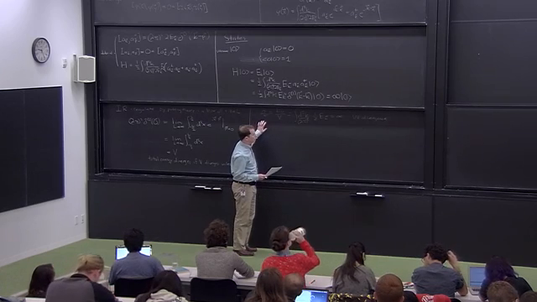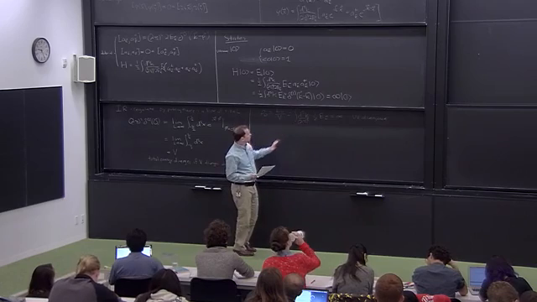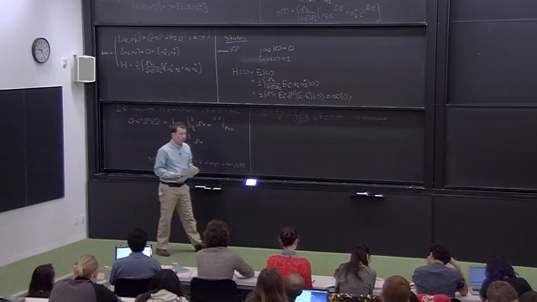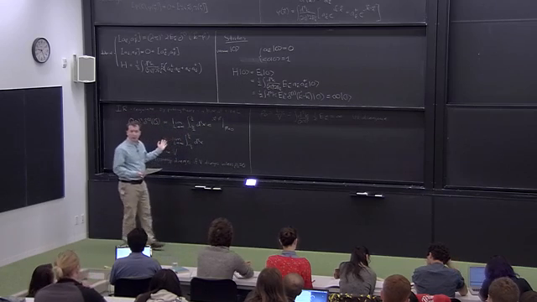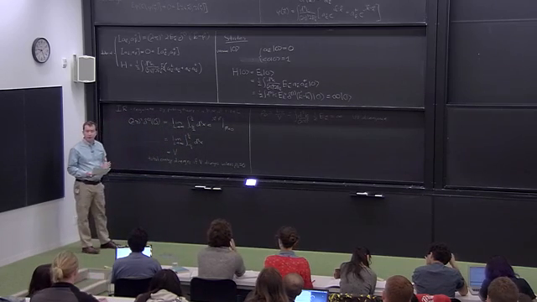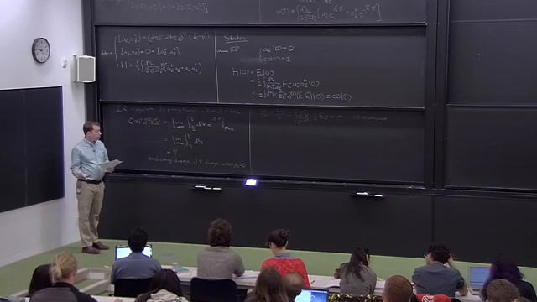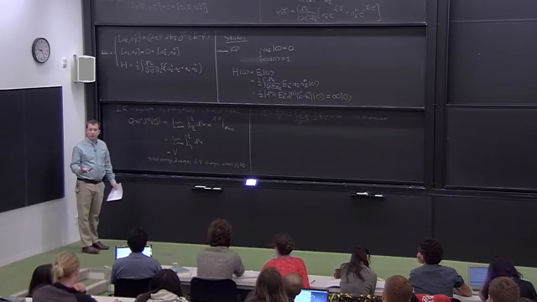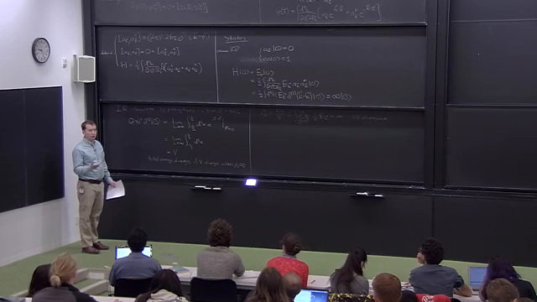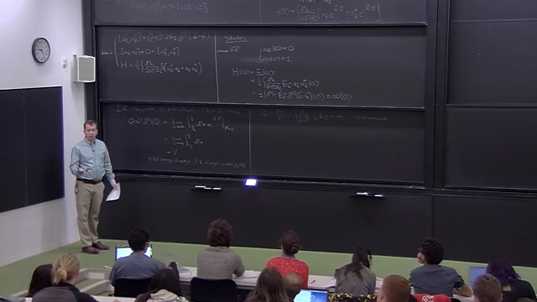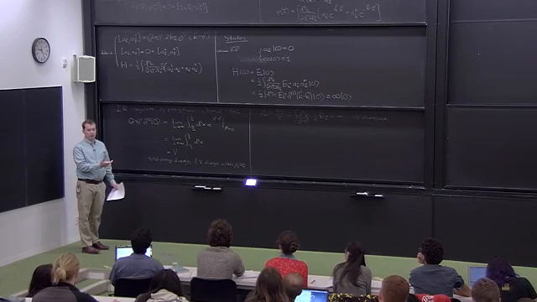A possible reason we shouldn't be too concerned about this is that when we went from the classical theory to the quantum theory, there was an ambiguity. Classically, the commutator of phi with pi is 0. So we could add any multiple of that commutator to our classical theory if we like.